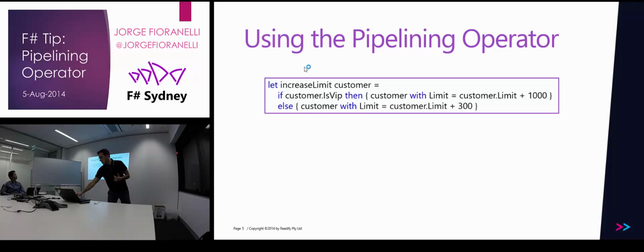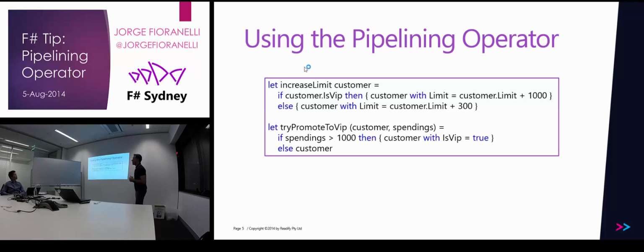So now, let's say that we want to give the customer the opportunity to be promoted to VIP depending on the spendings of, let's say, last month. This second function receives a tuple with the customer and his or her spendings, and if the spendings were more than 1,000, then we promote the customer to be VIP.